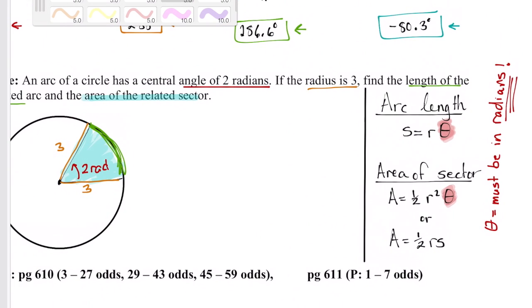So in order to find first the length of the arc, so this is where that s came in from before. So I'm trying to solve for s. So s is equal to my radius. So in this case, we have 3 times the angle in radians, so 2. So my arc length here, nice and pretty number, is going to be 6.